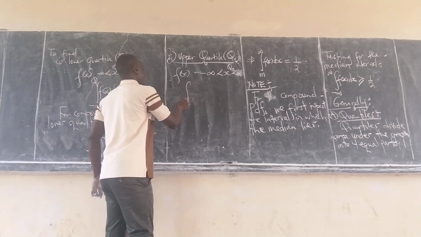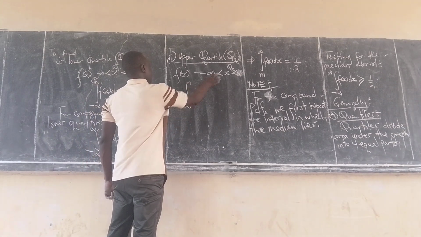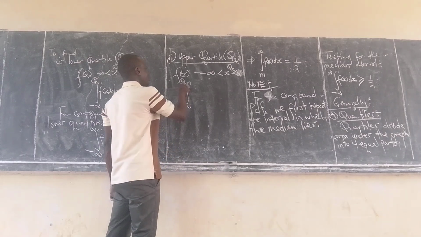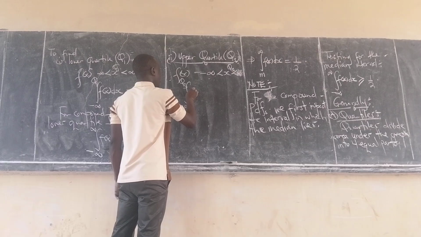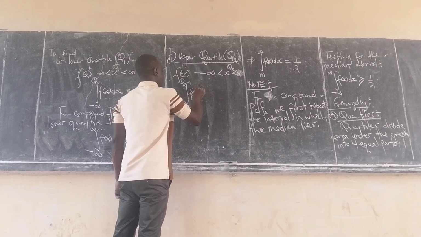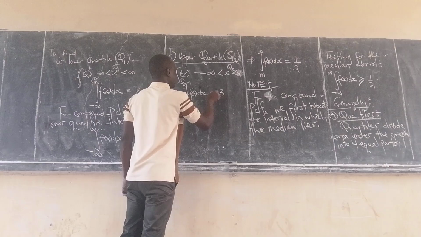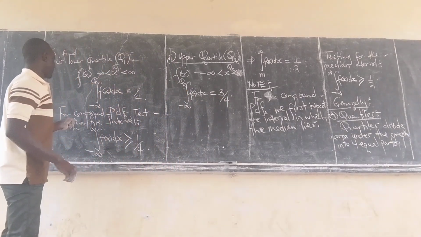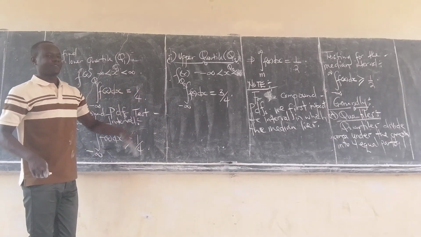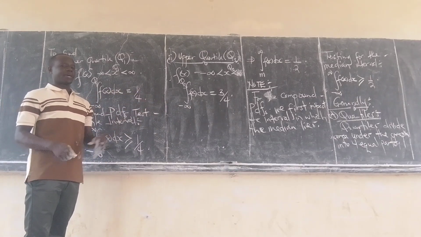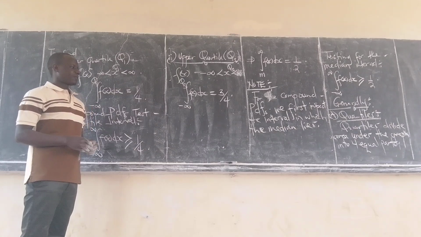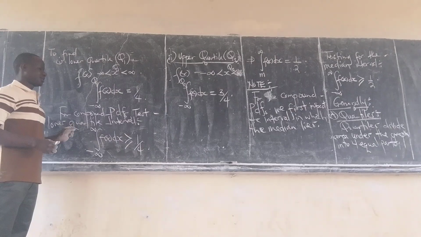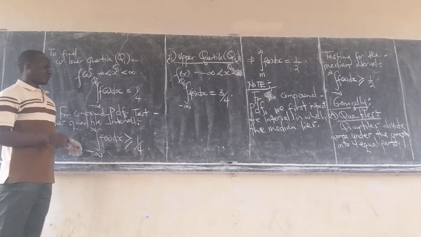Now, if we integrate from negative infinity up to the upper quartile, which is Q3, of the PDF with respect to x, our answer must be 3/4. However, if the PDF is simple, you go direct, but where it is not simple, that is when it is a compound, then you first determine the upper quartile interval.